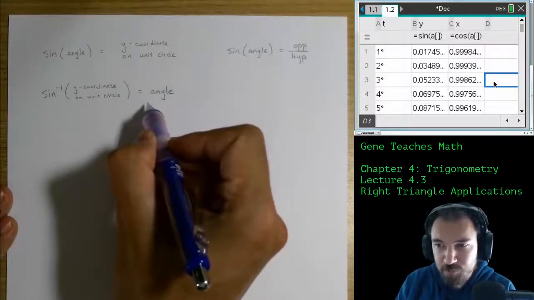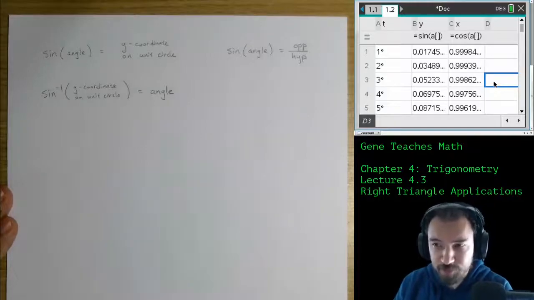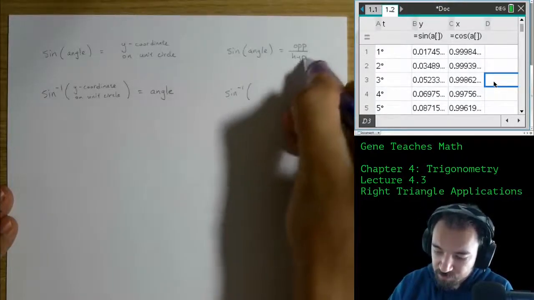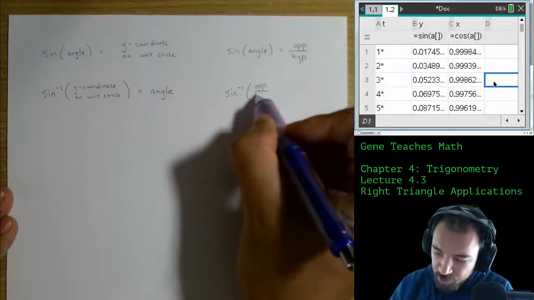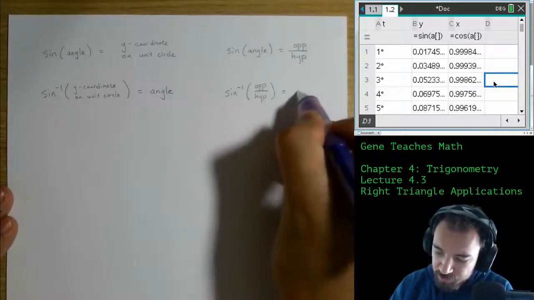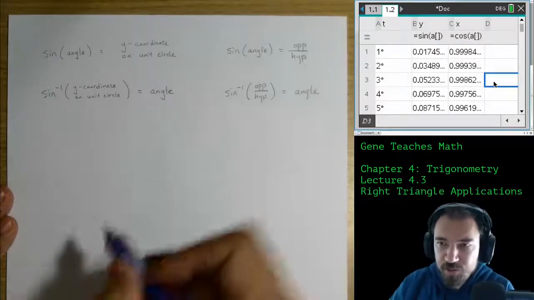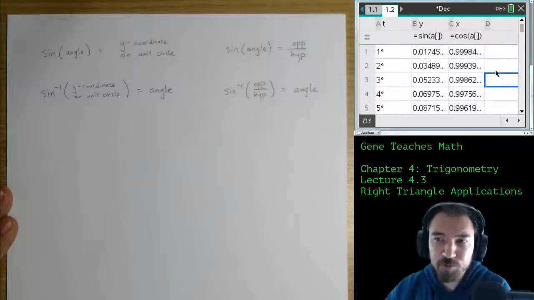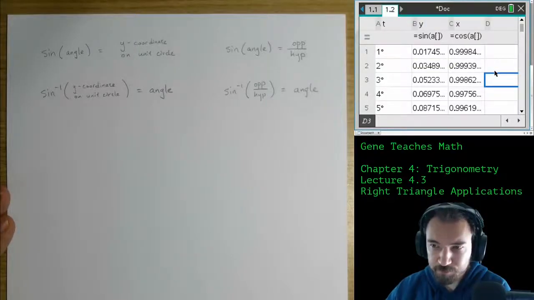But we don't have to use a protractor every time if we have the table. Similarly, we can say sine inverse of the opposite over hypotenuse will tell us the angle. This is the same thing as taking a protractor and measuring the angle, but now we have a table. We don't need a protractor anymore. The work has been done for us.